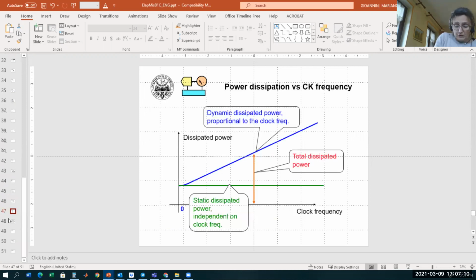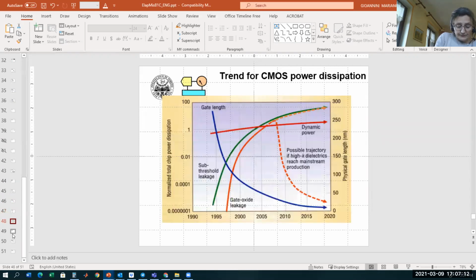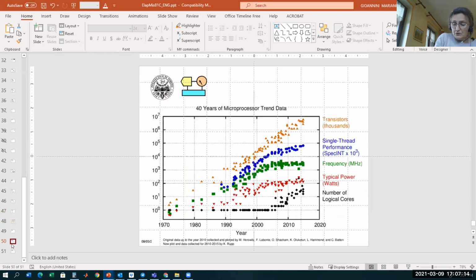As a summary of all of that, I want to show you here in conclusion this figure. This figure is very well known because it is the trend of the evolution of microprocessor performance in the last 40 years.